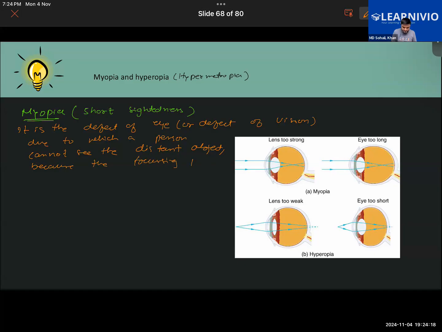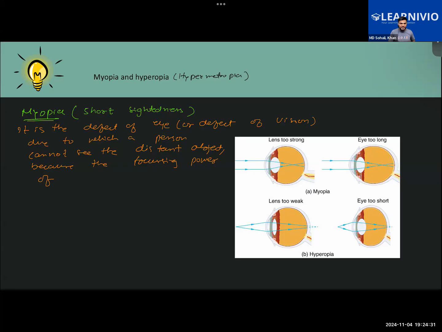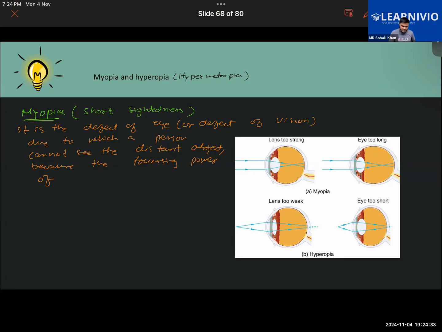Can you say the reason for getting myopia? There are two reasons. Either the focusing power of the eye lens will increase, because the eye lens becomes thicker, or the eyeball will become longer.